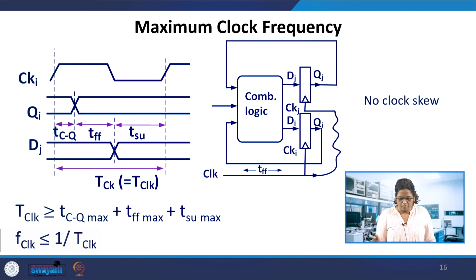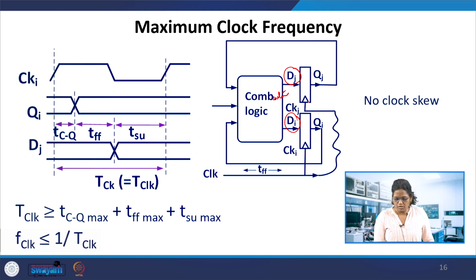So, considering the same circuit which has the combinational logic and the flip flop, the output logic is not shown over here. For the interaction between the combinational logic, we can consider this feedback from Qj to here, Qi to here. There are two flip flops here, Ti, Di, and the inputs are Dj.